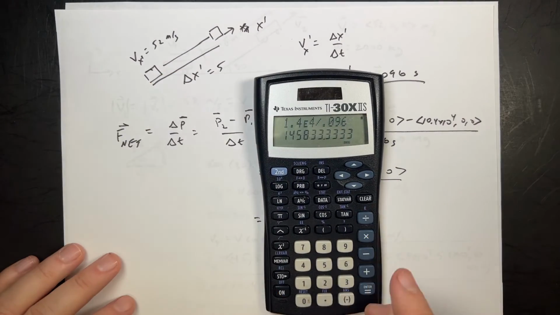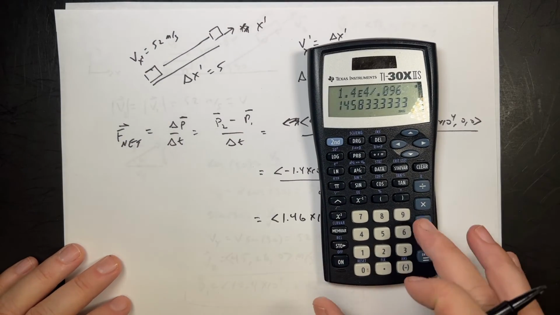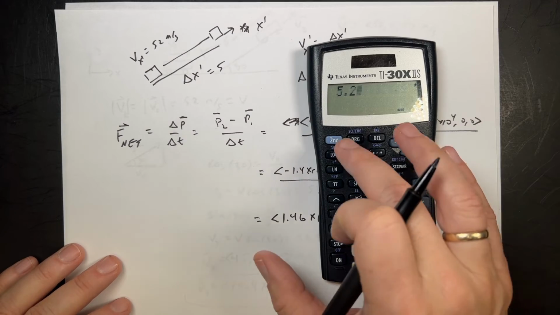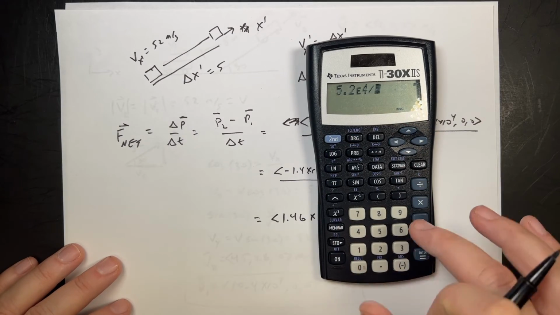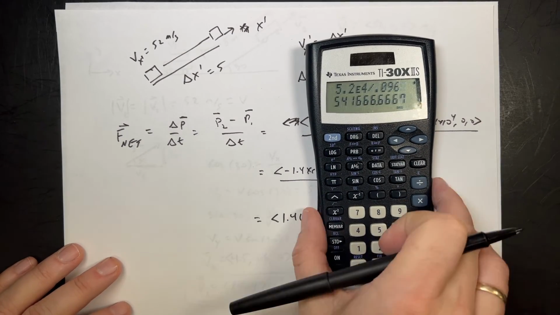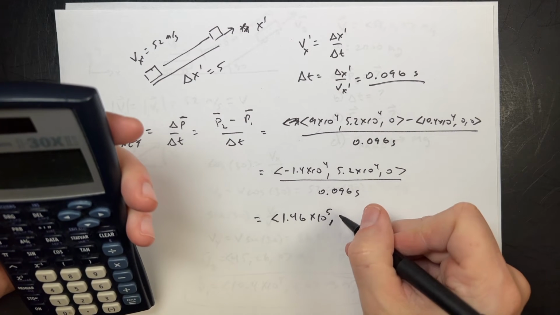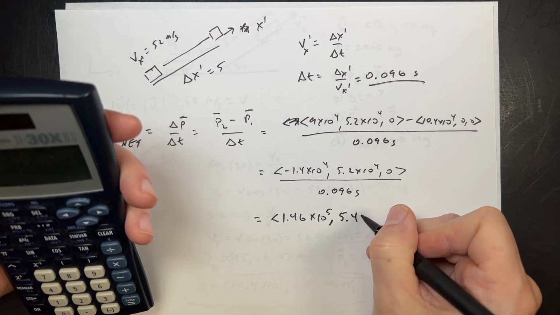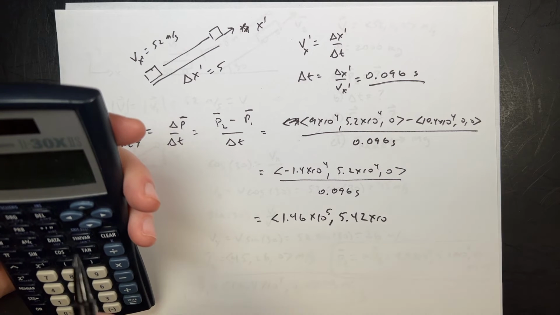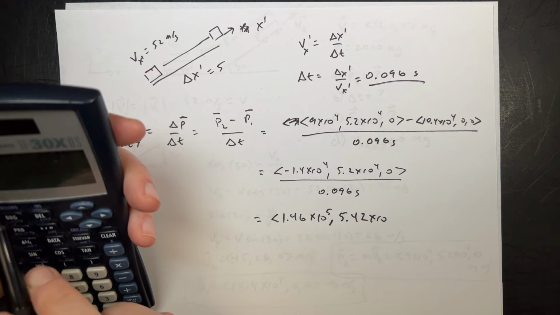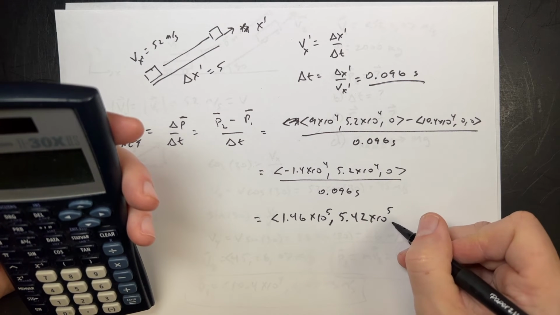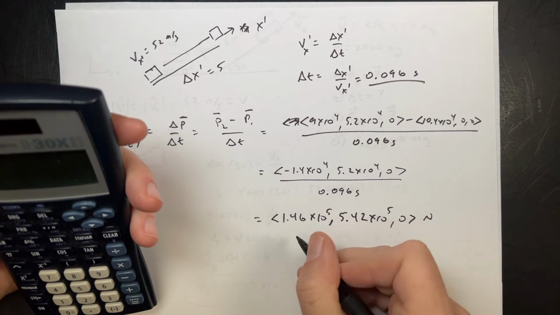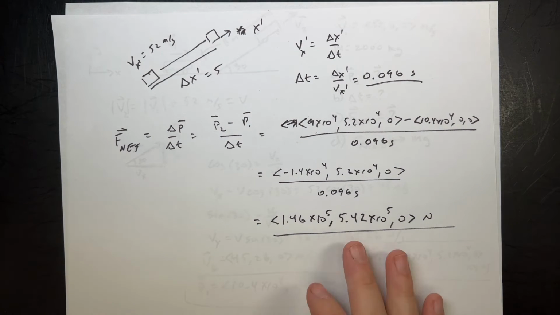And then I need to do 5.2 times 10 to the fourth divided by 0.096. And I get 5.42 times 10 to the fifth, 0. And that's my net force.